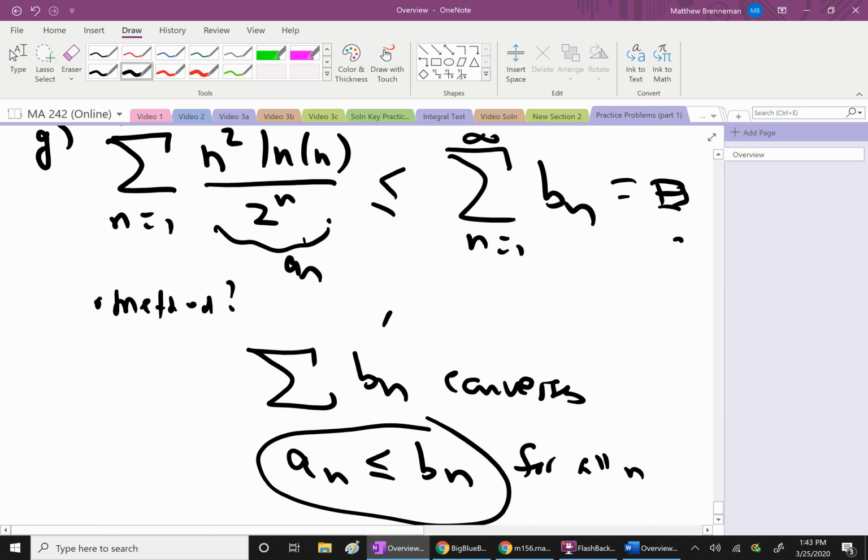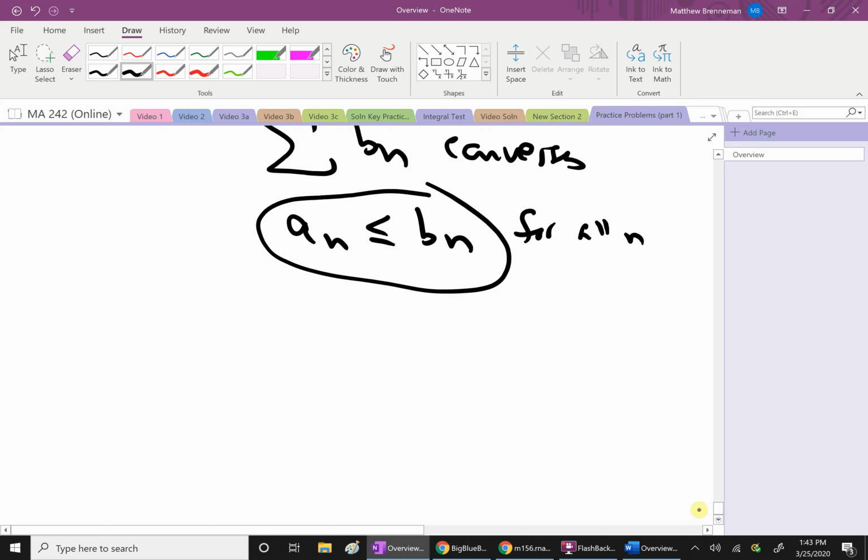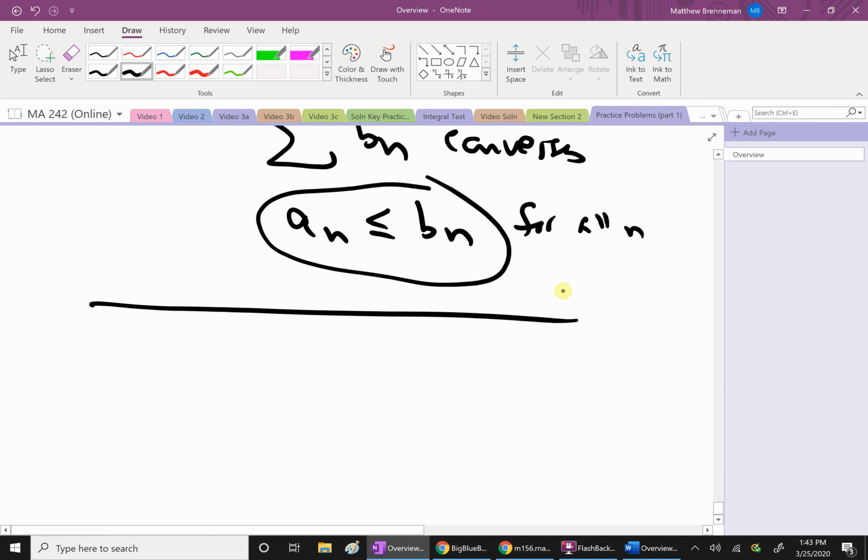I want to replace the natural log by something, and I want to know something about the asymptotic growth. Here's the solution, and this takes a little while to puzzle through. The solution is that I know the natural log of n is less than n.